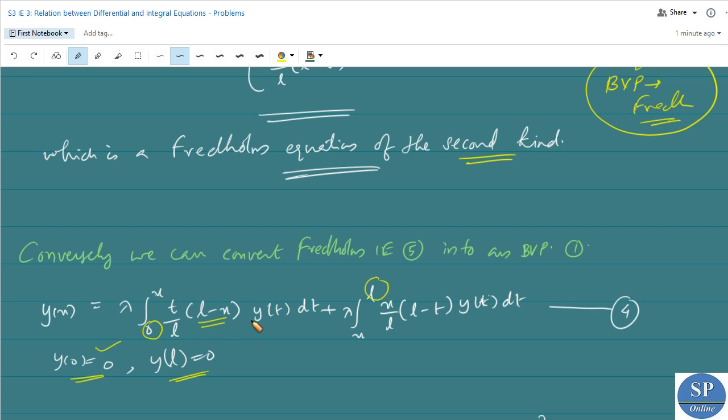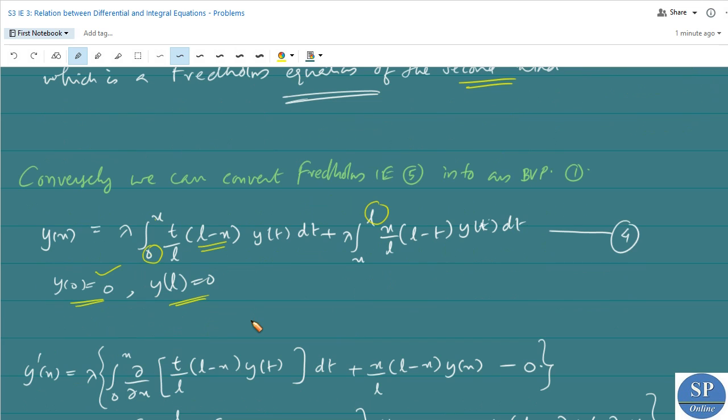Okay. Now we have to differentiate. So differentiating this integral equation number 4 with respect to x, y dash of x is equal to lambda into d by dx of this. Taking this as f, we have to replace, so x by L into L minus x into y of x.